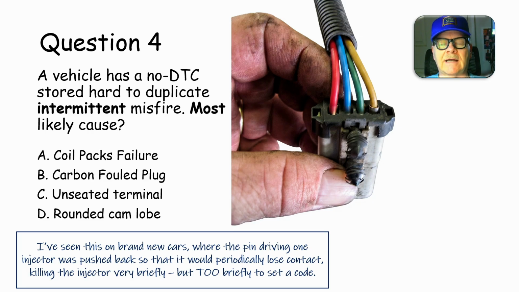Anyway, the point is, it would cut up exactly 5 minutes after a cold start. When you drove it, it would buck and jump, and then it would straighten up for the rest of the day.